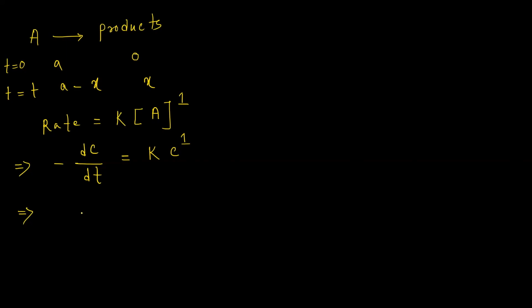So we can write dC upon C is equal to negative sign K dt.